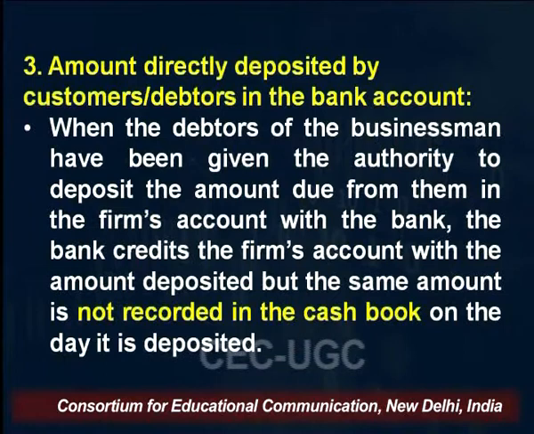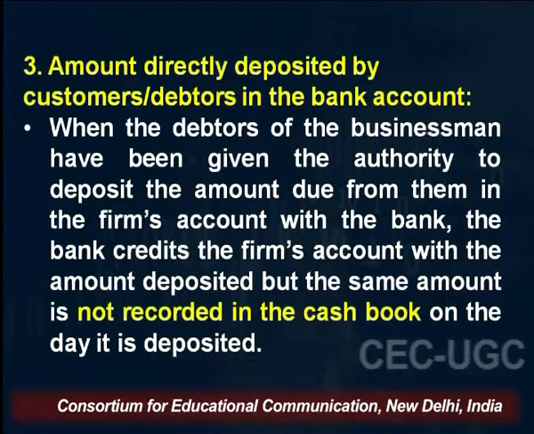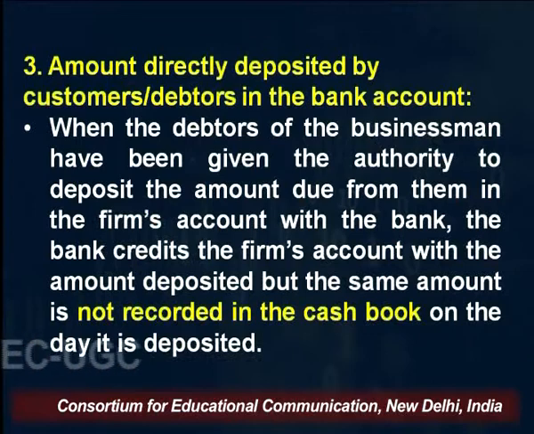The next reason for the difference is when the amount is directly deposited by a customer in the bank account. Sometimes our customer directly deposits some amount in our bank account. So we have given the authority to our customer to deposit the amount which is due from them in the firm's account with the bank.